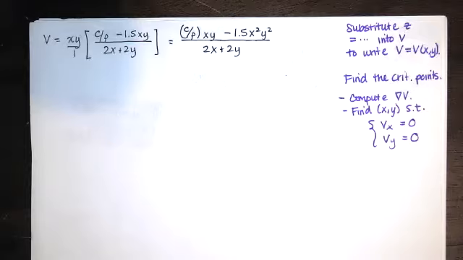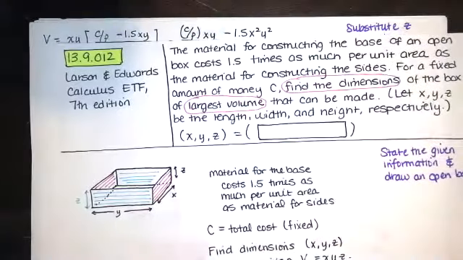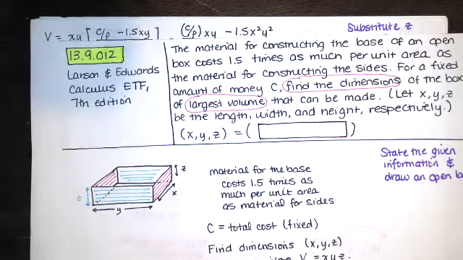And of course, we're looking for x, y in the domain, and the domain is the x and y values that make sense for this problem. And remember, we're talking about a box. So if I'm talking about a box, x and y have to be positive numbers.